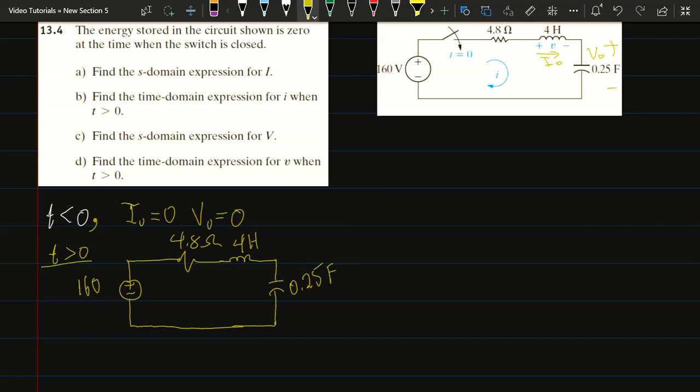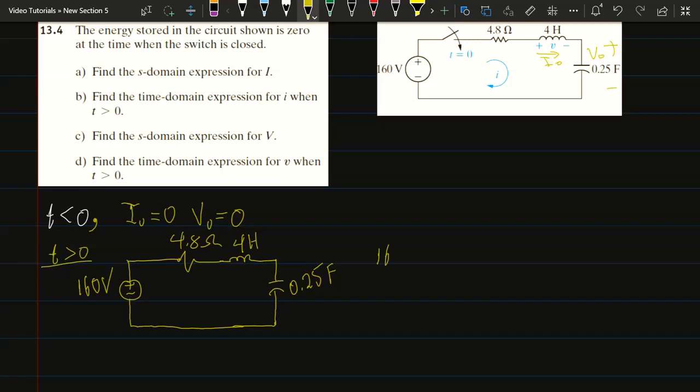The first step is to take this into the Laplace domain or the frequency domain. And usually I like in these circuits to use symbols instead of the values, but for this case the numbers are pretty small, so I will just use them.